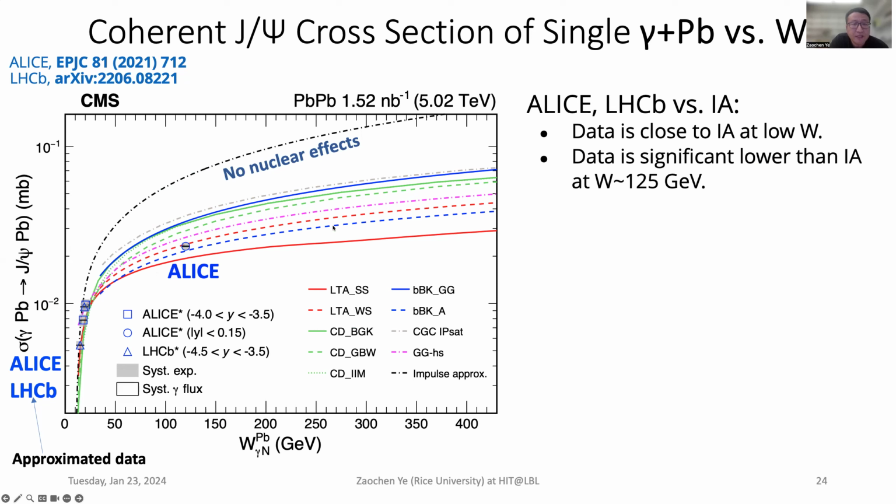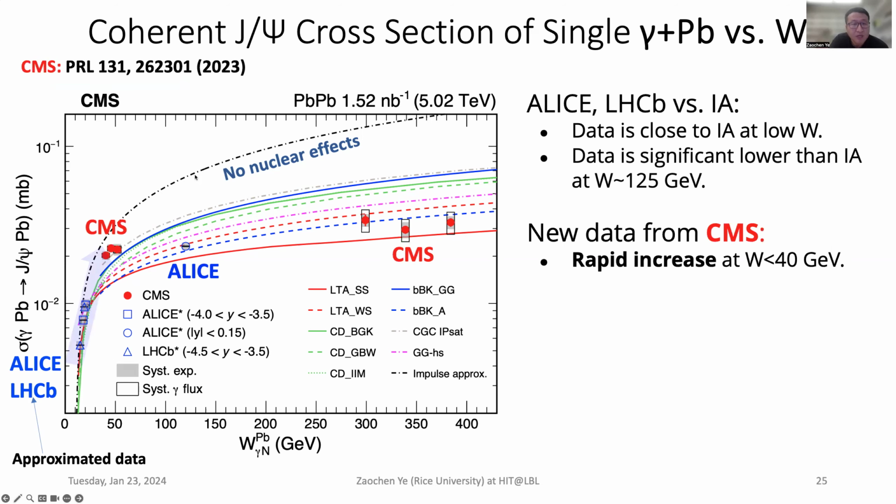As we can see, the ALICE and LHCb data are very close to the theoretical curve without the nuclear effect at the low W region, the low energy region. And at about 125 GeV, the data shows strong suppression compared to this curve.